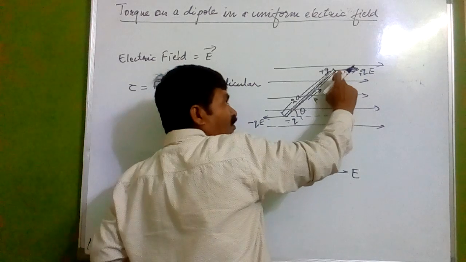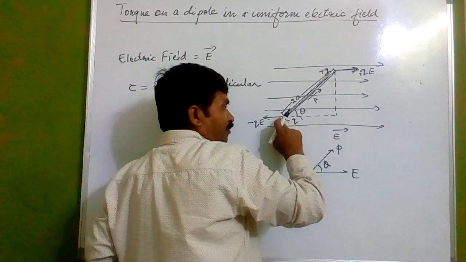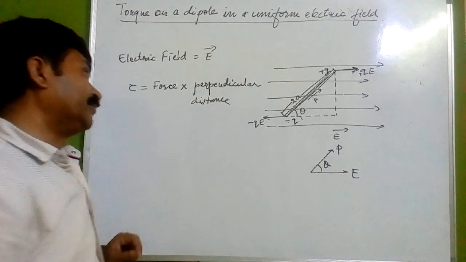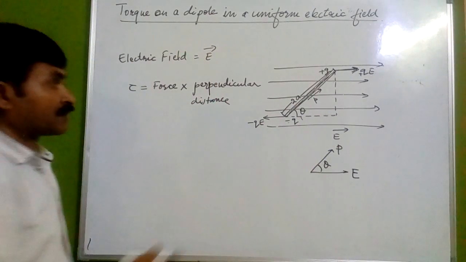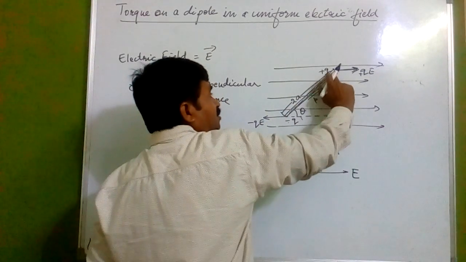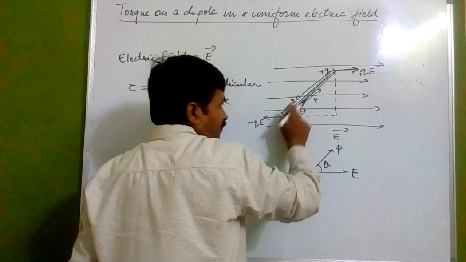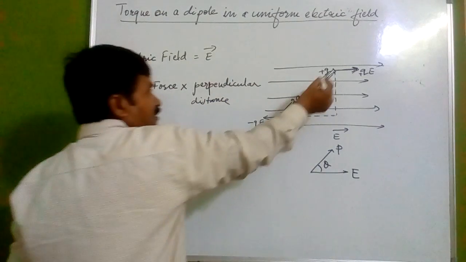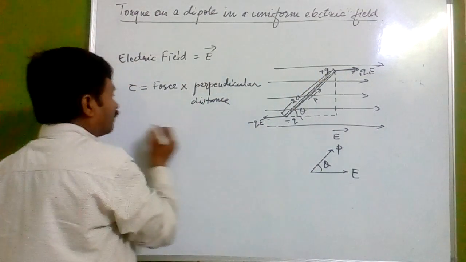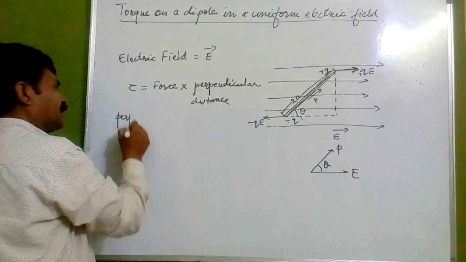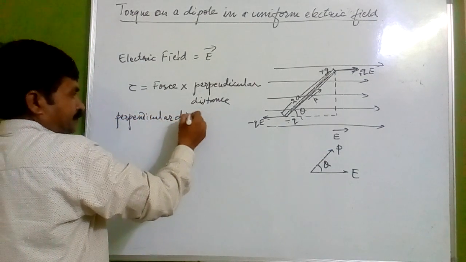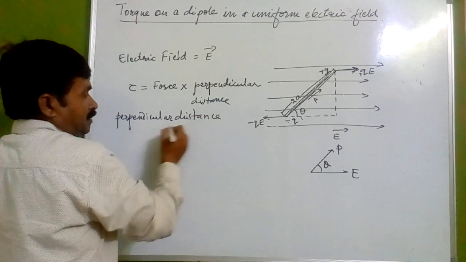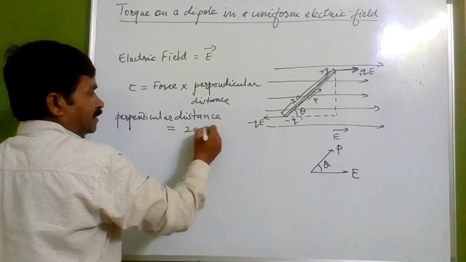If we take this force, we have to determine the perpendicular distance from this point. This is 2a, and this is the hypotenuse, so the perpendicular distance is equal to 2a sin theta.